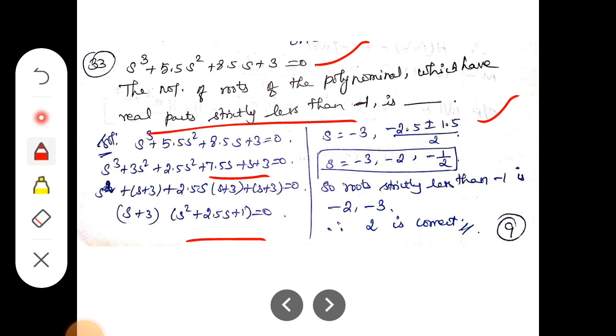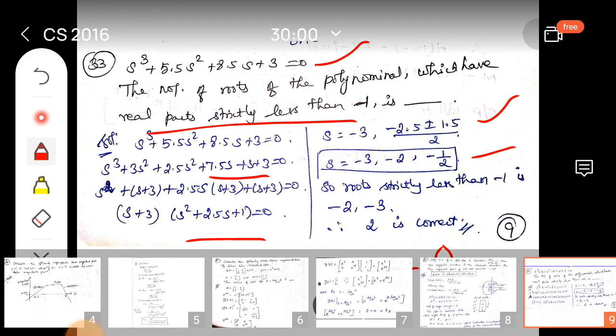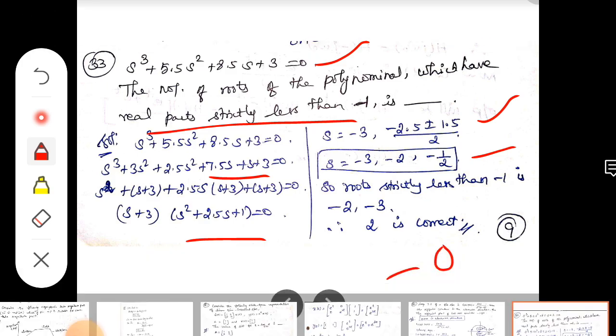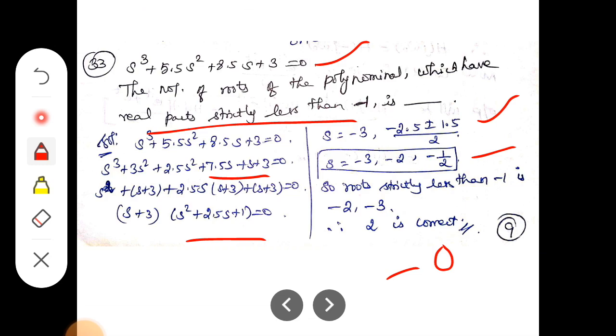Here minus 0.5 is greater than minus 1. So minus 2 and minus 3 are less than minus 1, so the total number of poles is 2. So this is the final value.